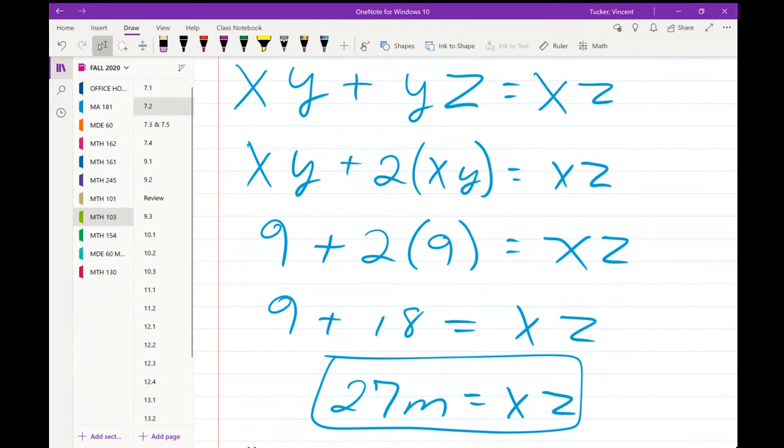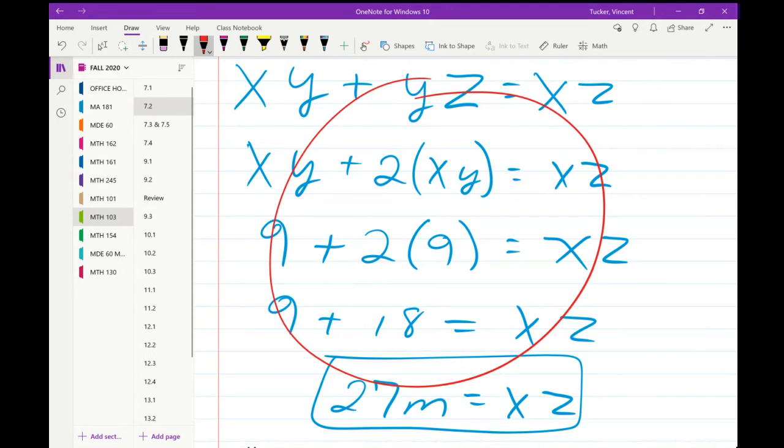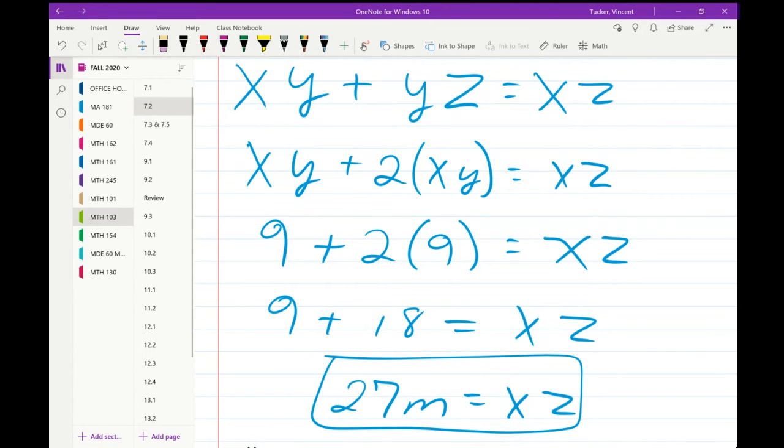Even if you didn't write it all out like that, that's how you would process the situation. You know that XY is equal to 9, and then YZ is equal to 2 times 9 because it was twice XY. When you add those together, that gives you that 27. So once again, even if you don't set it up completely like this, that's still the thought process behind it.